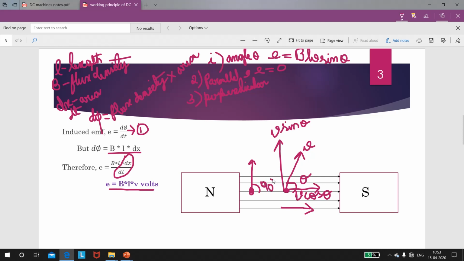So, substitute theta equal to 90 degrees in the above equation, E equal to B into L into V sin theta. Sin 90 degrees is equal to 1. Therefore, EMF induced can be given by E is equal to B L V.